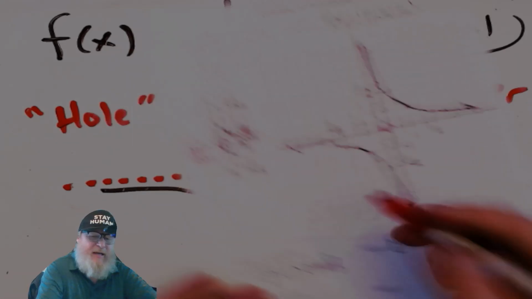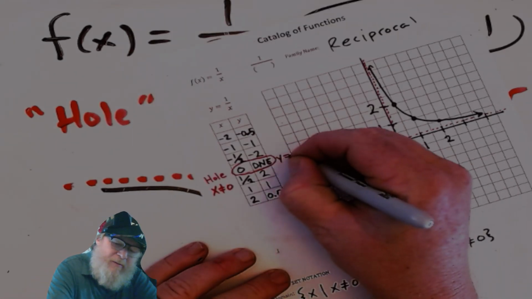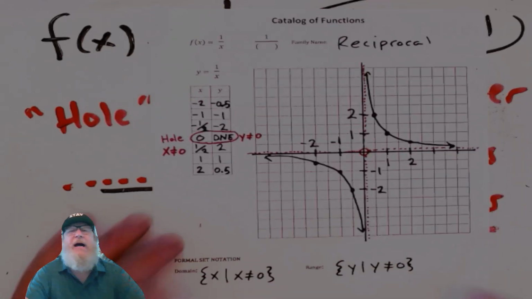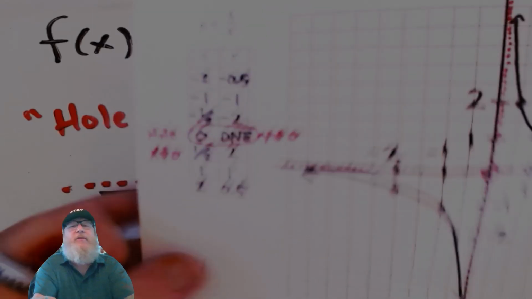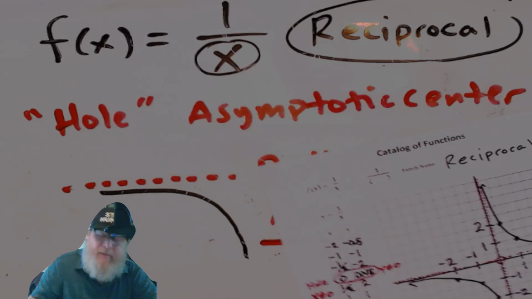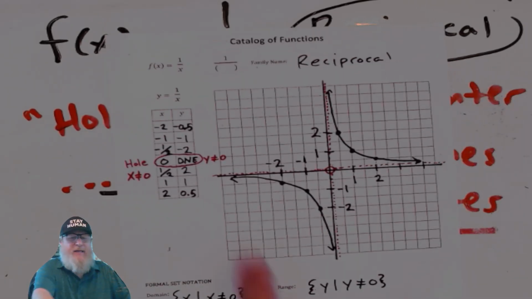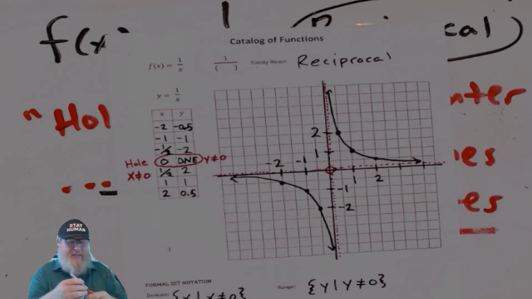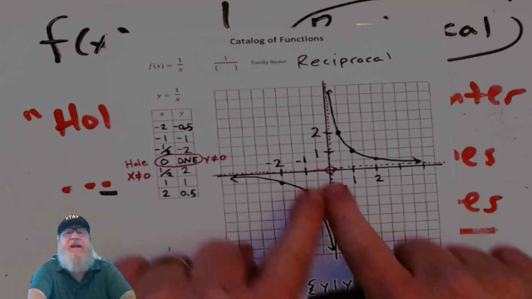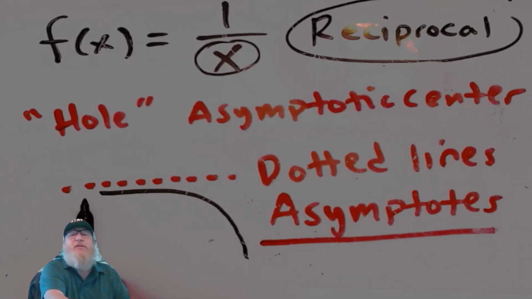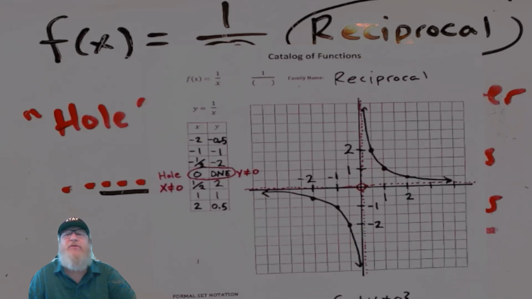Sometimes I like to note that here, next to the DNE: y is not equal to 0. Again, these little notations are just to remind me that that's an asymptote and not a point on the graph. The graph never actually touches the asymptotes. It just gets very close to the asymptotes without touching them.